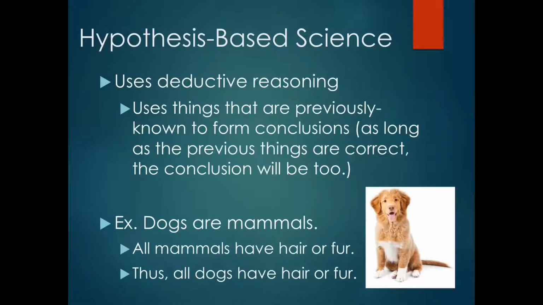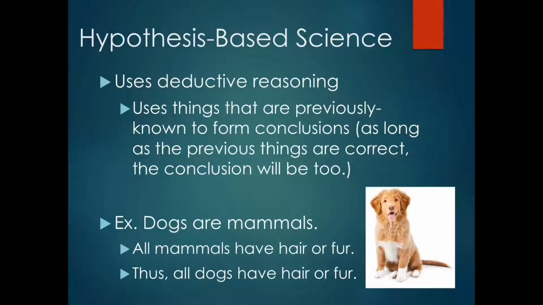Now let's talk about hypothesis-based science. This uses deductive reasoning, and deductive reasoning is when you're using things that you previously know in order to form a conclusion. In order for that conclusion to be correct, though, you need to know that your previous knowledge is also correct. So examples are like dogs are mammals. We know that dogs are mammals from different scientific studies, the fact that they give birth to live babies, and many other reasons.